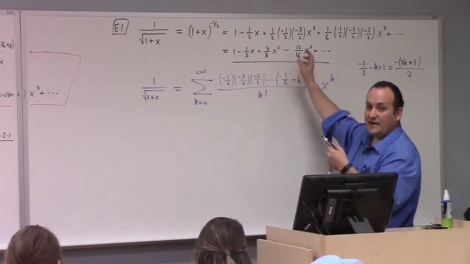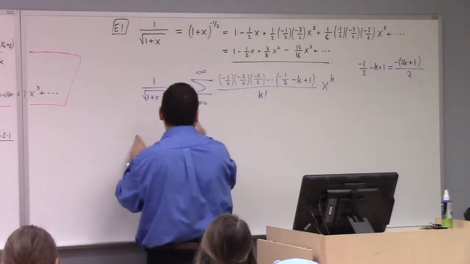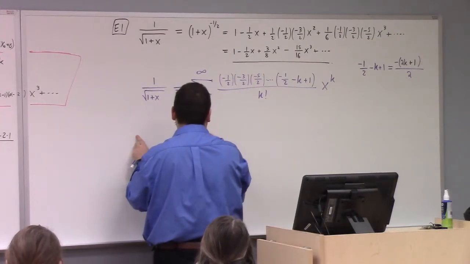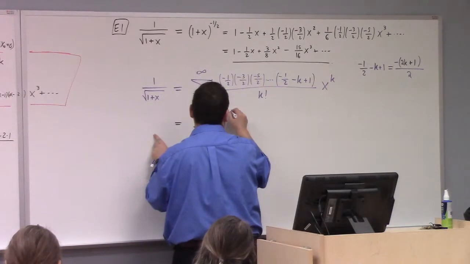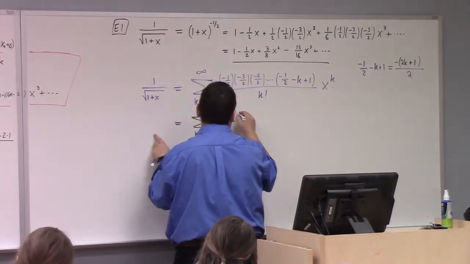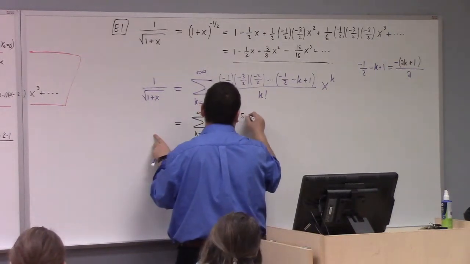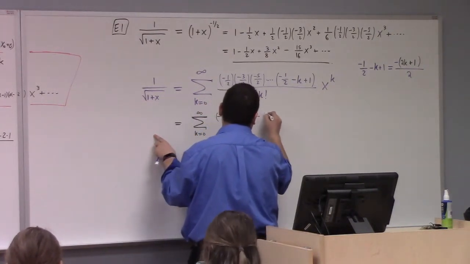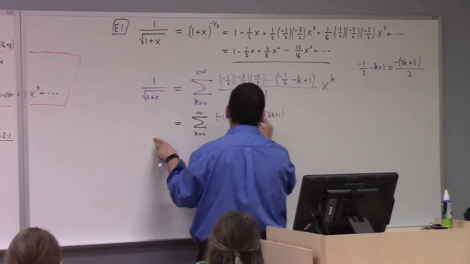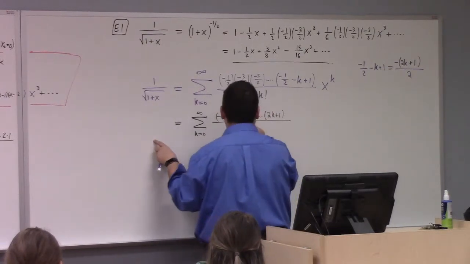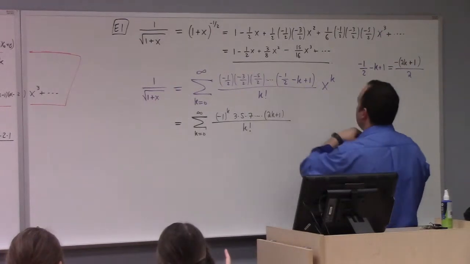I believe the sign is minus 1 to the k. So we could write this more elegantly, nicely. It's minus 1 to the power k times the product of odd integers, right? 3 times 5 times 7, dot dot dot, times 2k plus 1, all divided by k factorial times what? How many 2's do I have?